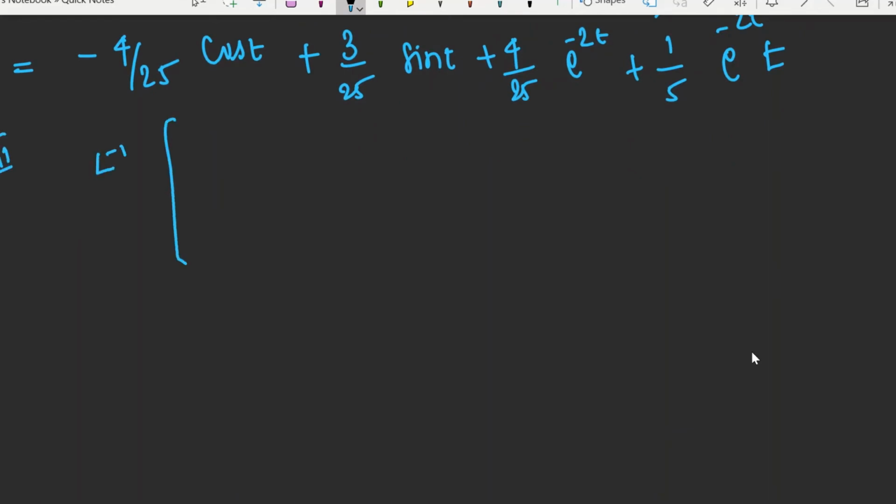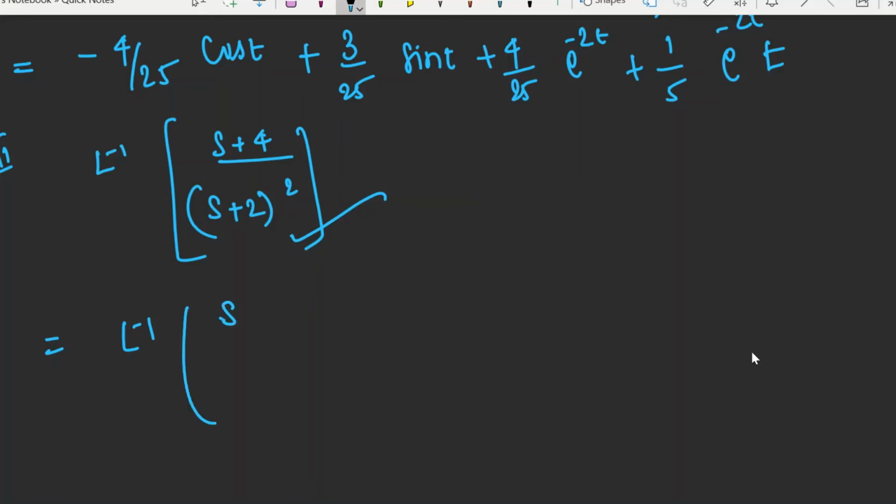L inverse of s plus 4 by s plus 2 the whole square. We cannot go for partial fraction here. Either we can go for convolution or else any other method. We will solve this by simple technique. Just I am writing s plus 4 as s plus 2 plus 2. That's all. So s plus 2 the whole square.